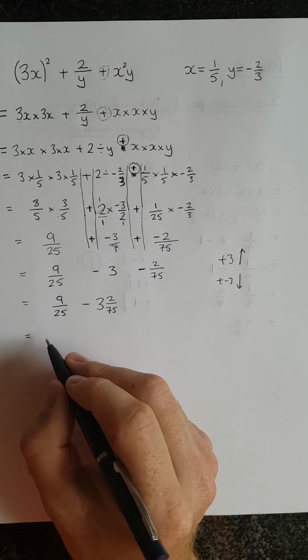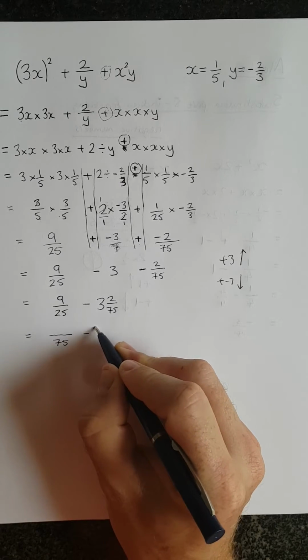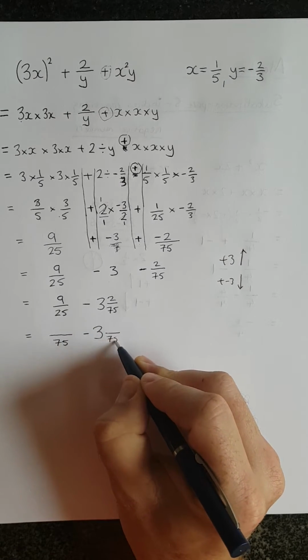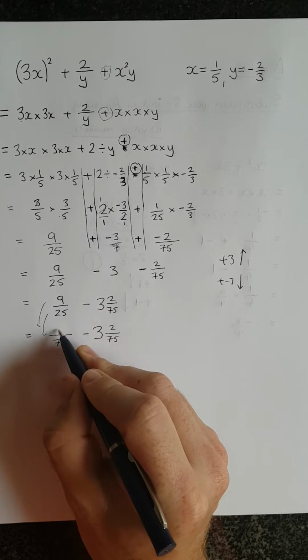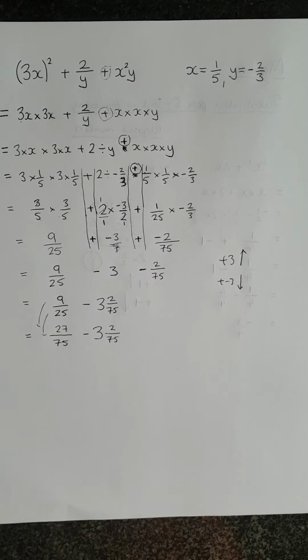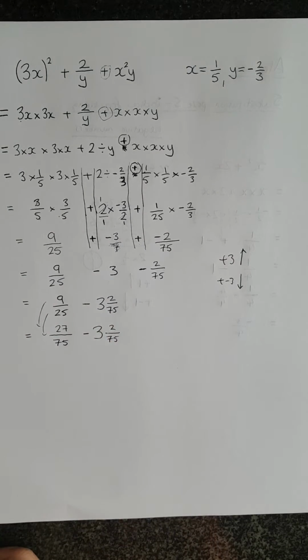How do I do the subtraction? I make my denominators the same. This one is multiplying both parts by 3. Didn't need to change this one. Why was that?